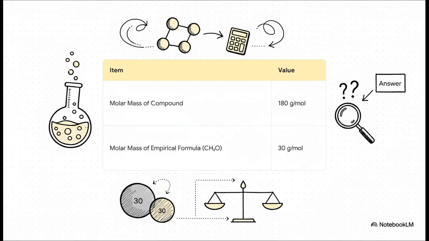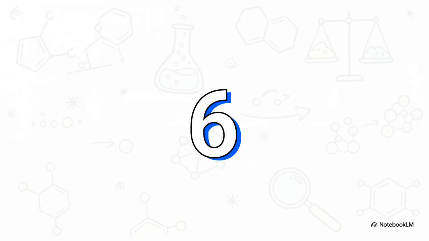We can also really quickly calculate the mass of our empirical formula, CH2O, and that adds up to 30 grams per mole. Perfect. Now we have both pieces of the puzzle. We plug our numbers into that formula, 180 divided by 30, and the number that unlocks this entire mystery is 6.